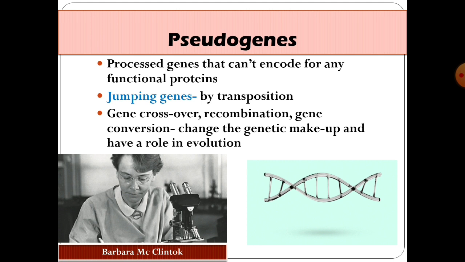Then there may be other changes in genes due to crossover, recombination, and gene conversion, and they can change the genetic makeup. If it continues generation after generation, they may have a role in evolution as well. So, we must be aware of these terms, and studying these phenomena, we have also found out how to manipulate them in the lab, so that we can get our desirable gene and desirable products, and that has led to further research.